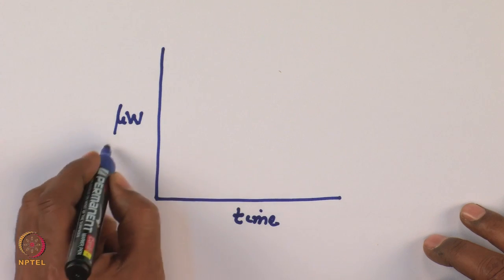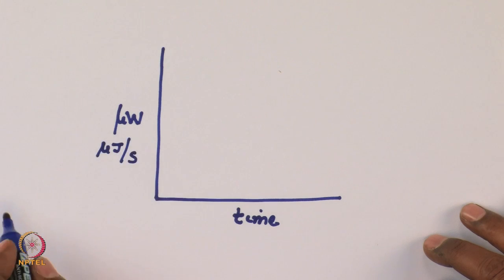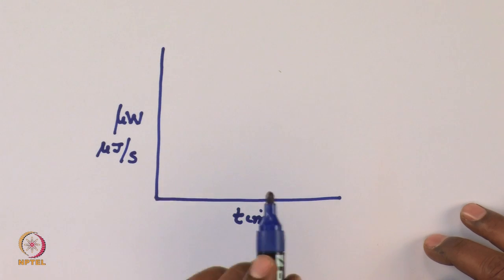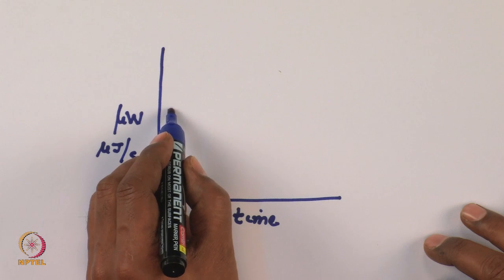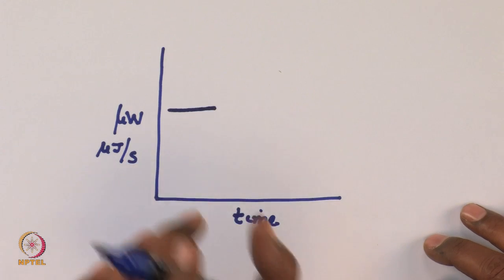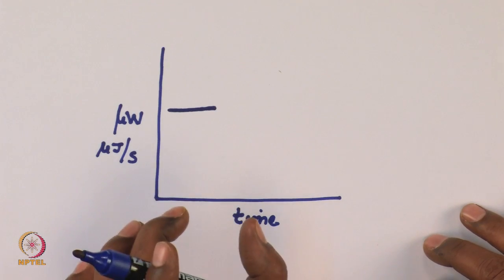Let us say I also write this as microjoules per second. Initially, when no ligand has been added to the sample cell, no additional power is supplied, so the output is 0, which means there is no differential power. No additional power needs to be given either to the sample cell or to the reference cell, so you get a straight line.